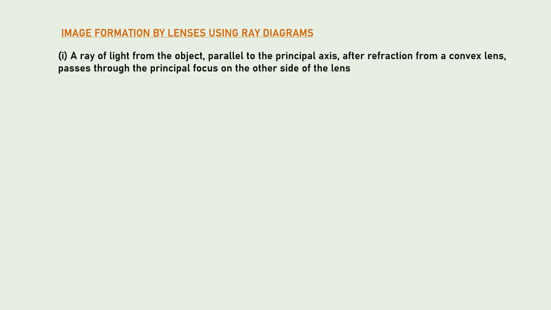Image formation by lenses using ray diagram. So in case of convex lens, when a parallel beam of light is incident on the convex lens, these beams of light meet at point F2 after refraction from the lens. So rays which are parallel to the principal axis always pass through the principal focus of the lens.